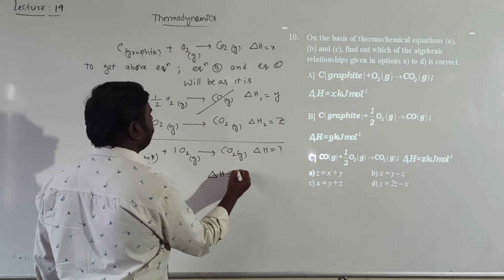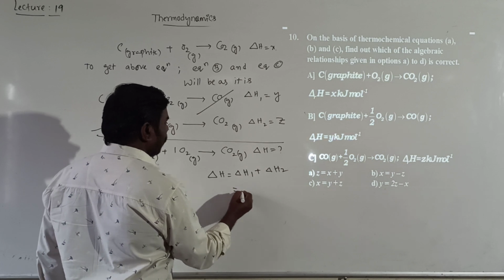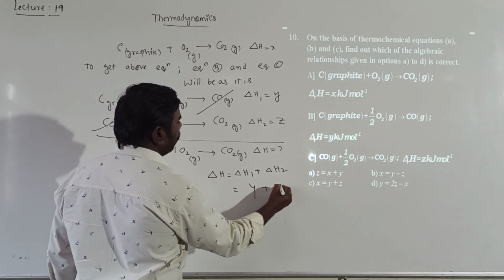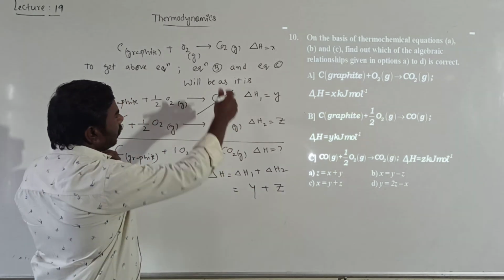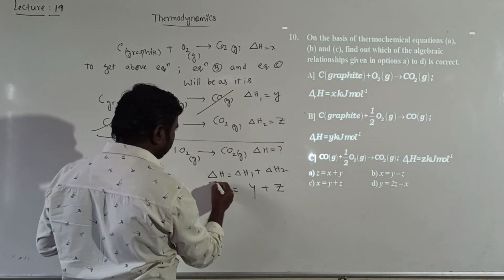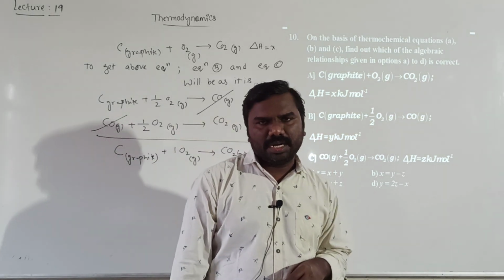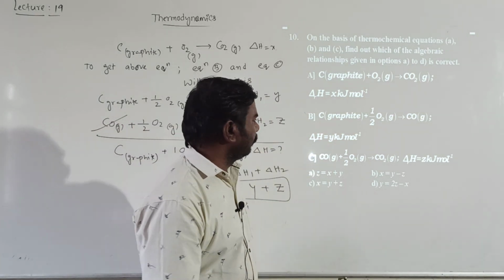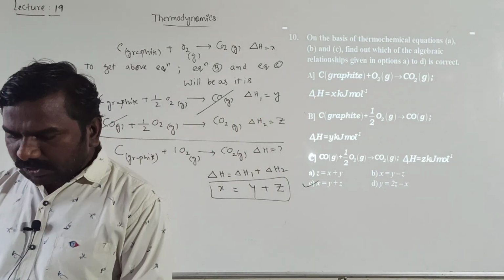Finally delta H equal to delta H1 plus delta H2. Delta H1 is Y and this is Z, given already in the equations, and delta H equal to X. X equal to Y plus Z, that is the right option. So answer C correct.